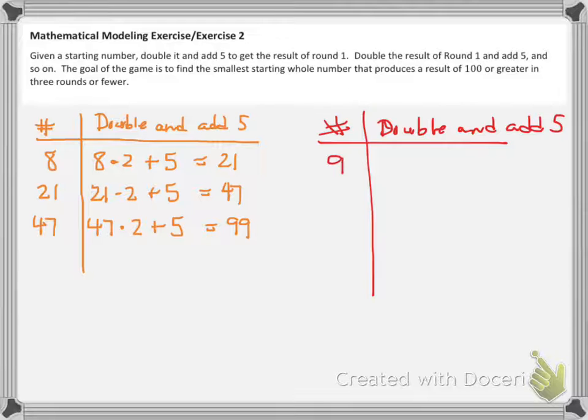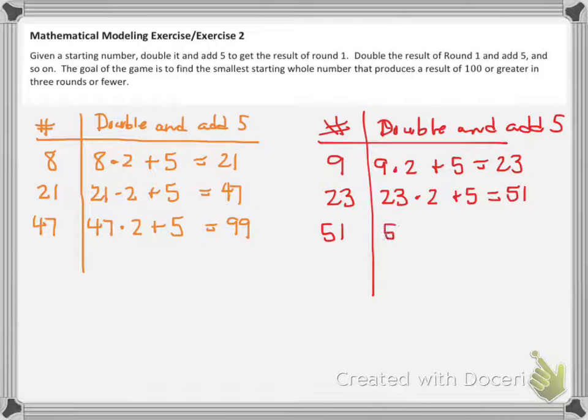So if I start with a 9, 9 times 2 is 18, plus 5 is 23, and then 23 is my next number. 23 times 2 is 46, plus 5 is 51, and then I start with 51. 51 times 2 is 102, plus 5 is 107. So yes, 9 is the smallest starting whole number that will give me over 100 by round 3. All right.